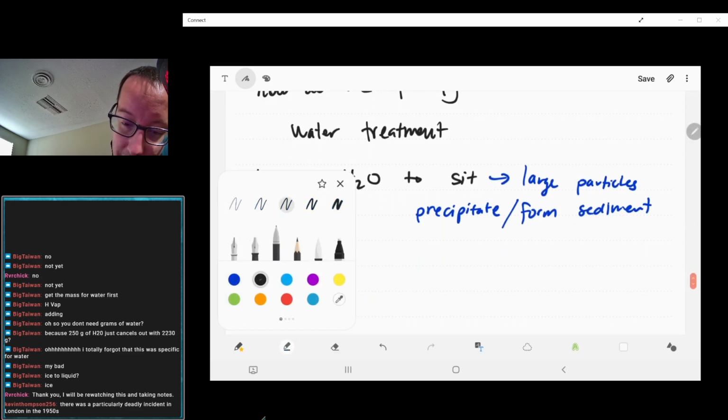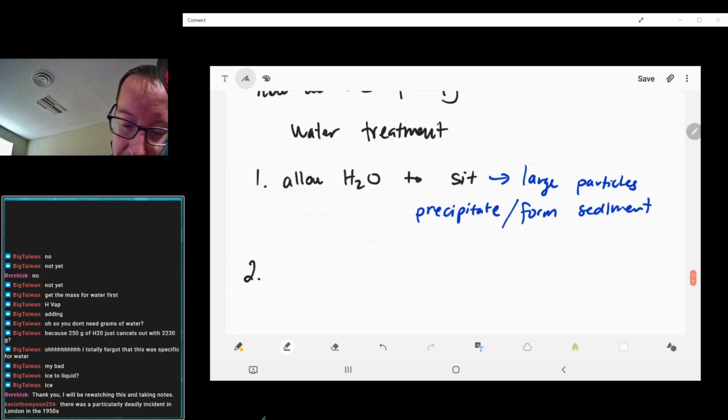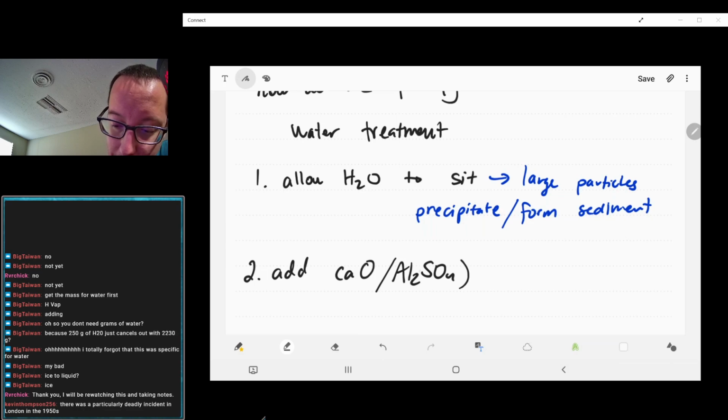After that, we'll typically combine it with two compounds, calcium oxide, the lime, and some aluminum sulfate. Pretty common treatment materials here.